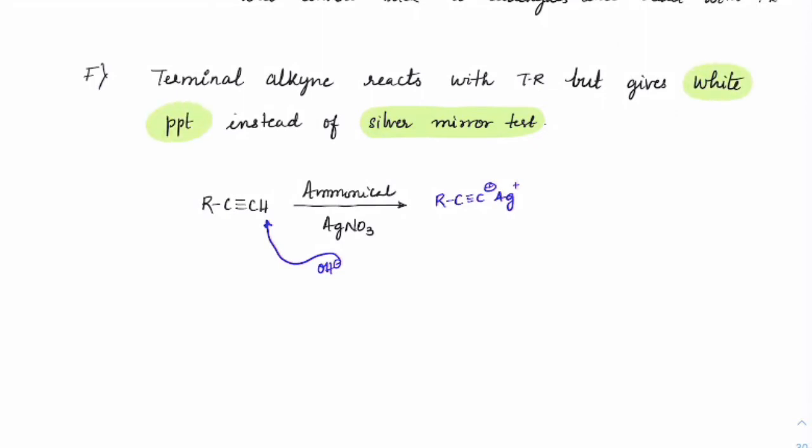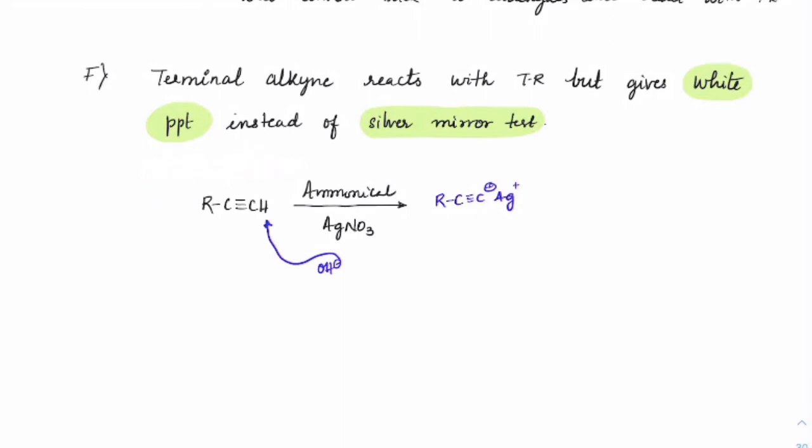So you have to be careful with the questions. If the question asks which of the following will give silver mirror test, then you do not consider terminal alkyne. But if it is said which of the following will give reaction with Tollens reagent, then yes, this will give reaction with Tollens reagent. Or if it is asked which of the following will give precipitates with Tollens reagent, then also this is correct.